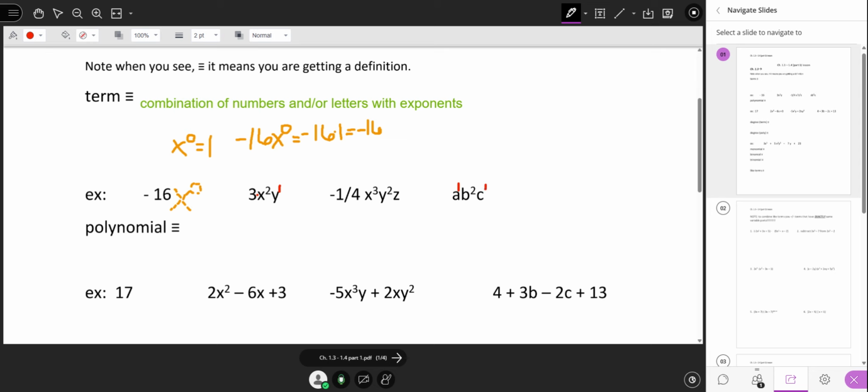And then when you see something like a b squared c, that's the same thing as saying 1 times a to the first power, b to the second power, c to the first power.